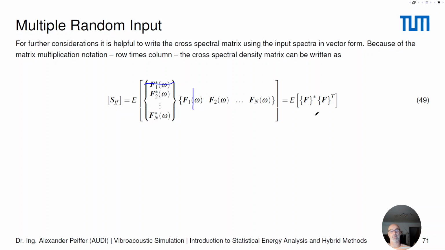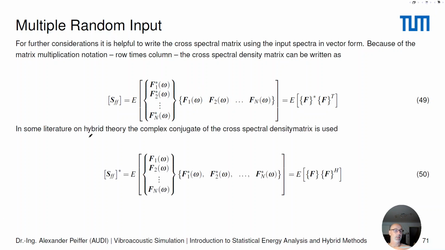Written in a compact form, it looks like this: F complex conjugated multiplied by the transpose of the input force. Sometimes, especially in literature on hybrid theory, the complex conjugate of this is used. We just get rid of the conjugate term here, and the only difference is that we have a non-conjugated version here and the Hermitian form for the second force vector.